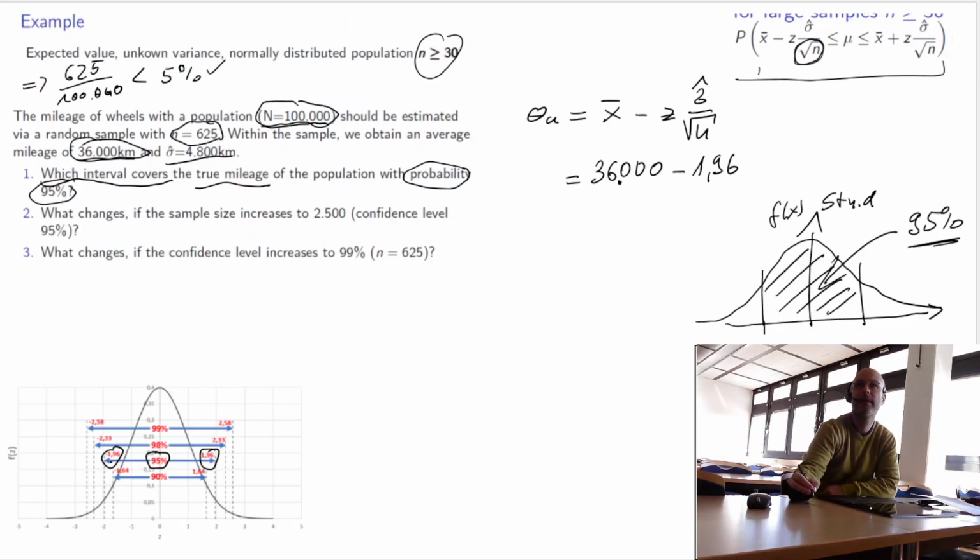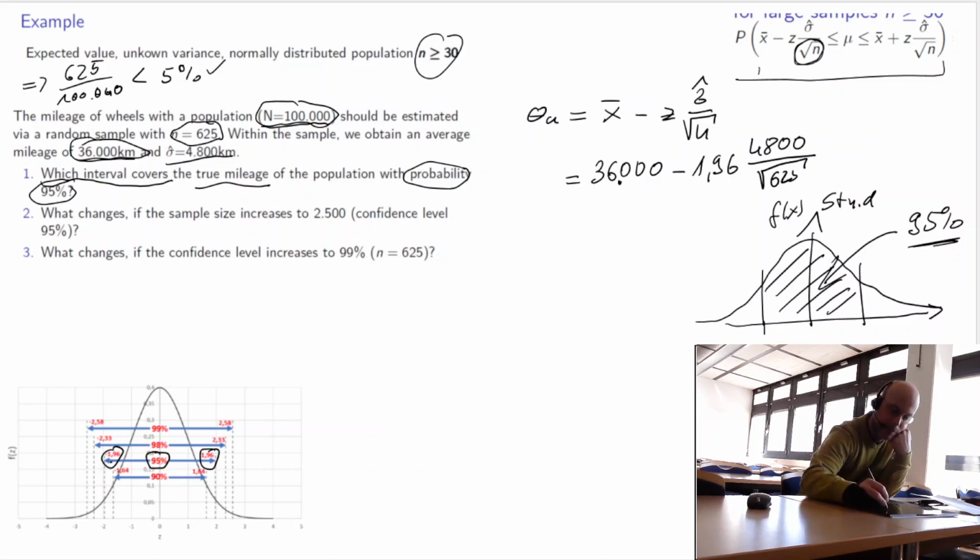And then sigma hat, 4,800, over square root of n, 625.